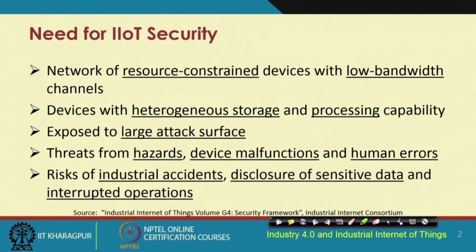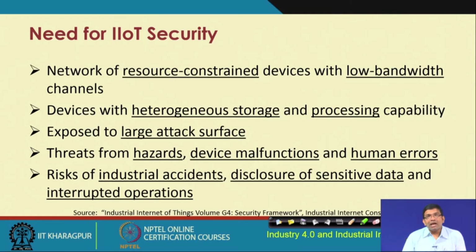Going back, as I told you, we are talking about a resource constrained environment, with devices that are highly resource constrained: energy constrained, processing power constrained, buffer constrained, and constrained with respect to all kinds of computational resources we can think of. Plus, these IoT devices operate in low bandwidth channels, typically low bandwidth wireless channels.